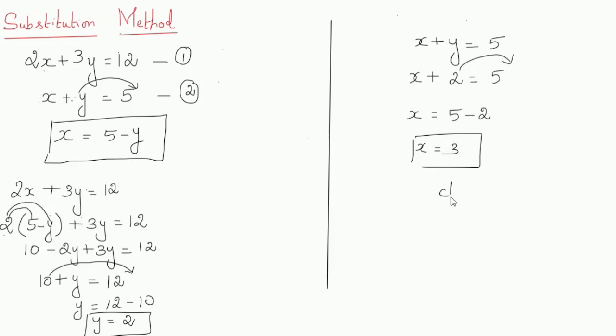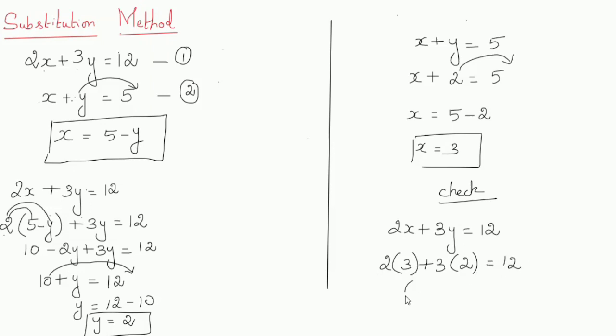In order to check whether my solution is right or wrong, I can go for checking. So choose any of the equations. Since I have chosen the second equation so many times, let me go for the first. 2x plus 3y is equal to 12. Now substitute or plug in the values of x and y. So x is 3 and y is 2, is equal to 12.